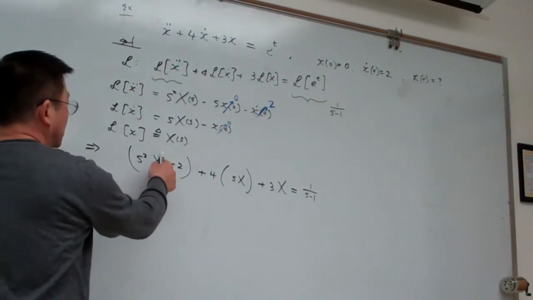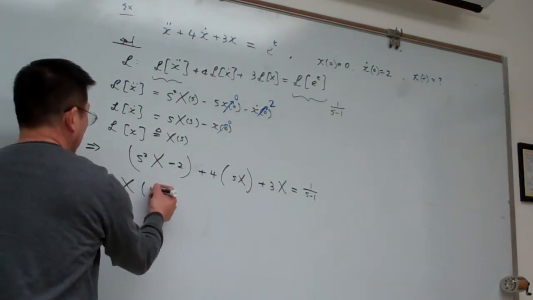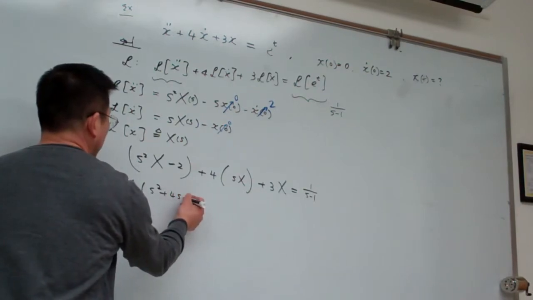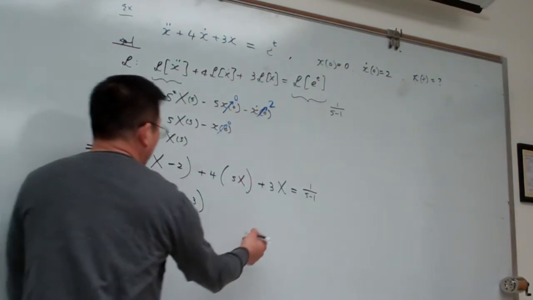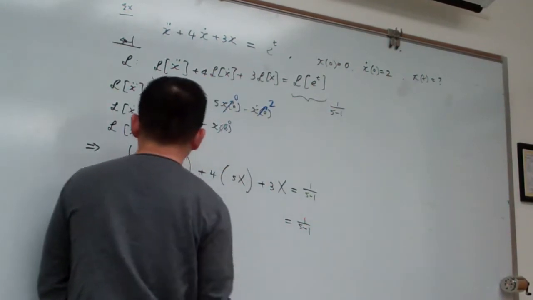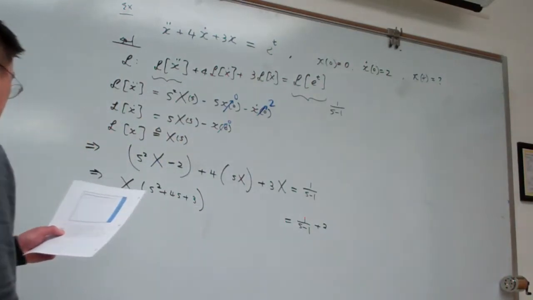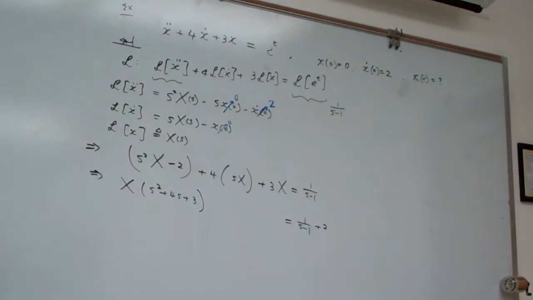And I drop the s of the X, so that means capital X times s squared plus 4s plus 3 will be equal to 1 over s minus 1 plus 2.